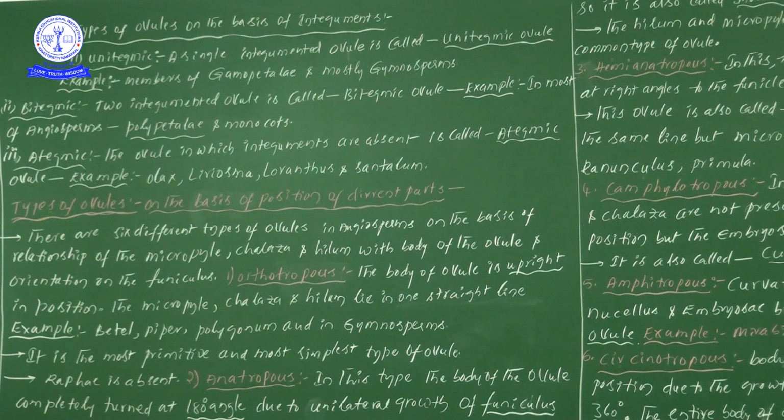So due to the unilateral growth of the funicle, we can observe the Anatropous condition of the ovule. In the Anatropous condition, the body of the ovule is completely turned at 180 degrees.